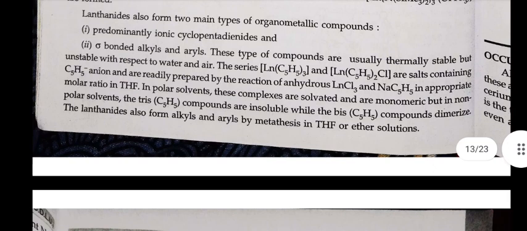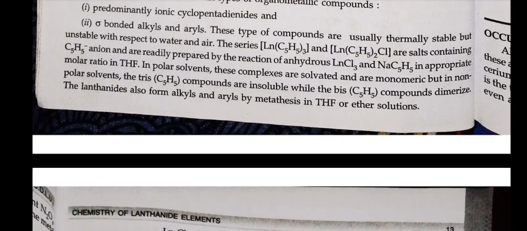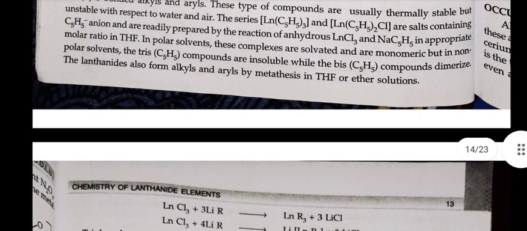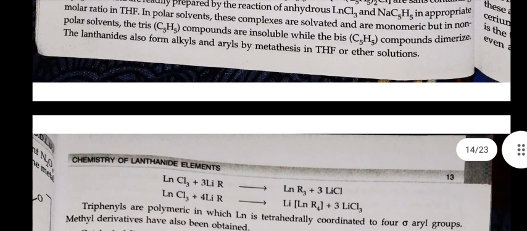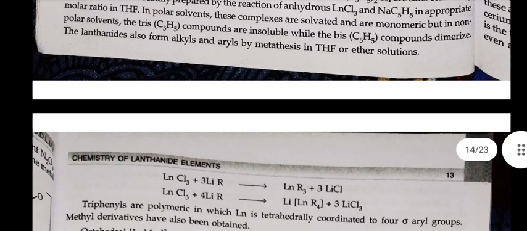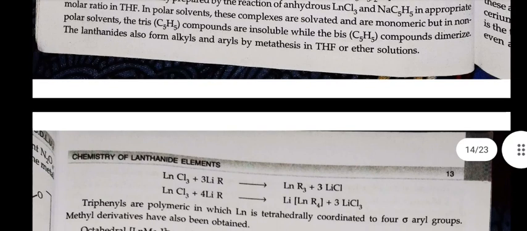The series Ln(C5H5)3 and Ln(C5H5)2Cl are salts containing C5H5 and readily prepared by reaction of anhydrous LnCl3 in appropriate molar ratio in THF. In polar solvent, these complexes are solvated and are monomeric, but in non-polar solvent, the tris compounds are insoluble while bis compounds dimerize. The lanthanides also form alkyls or aryls by metathesis.